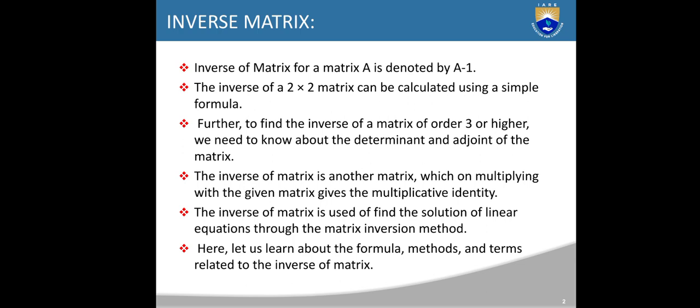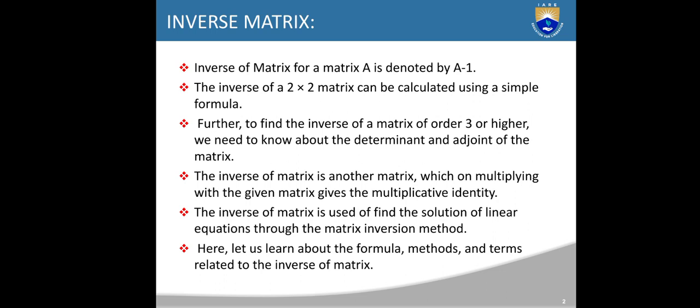The inverse of a matrix is another matrix which, on multiplying with the given matrix, gives the multiplicative identity. The inverse of a matrix is used to find the solution of linear equations through the matrix inversion method.